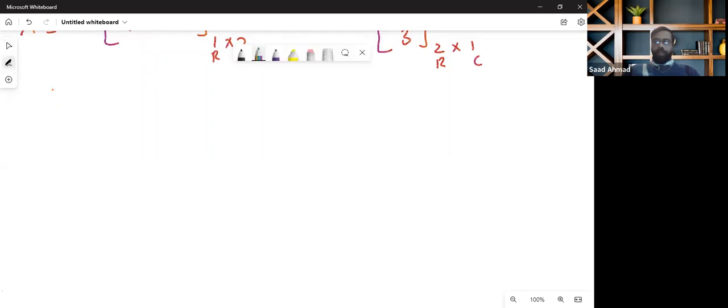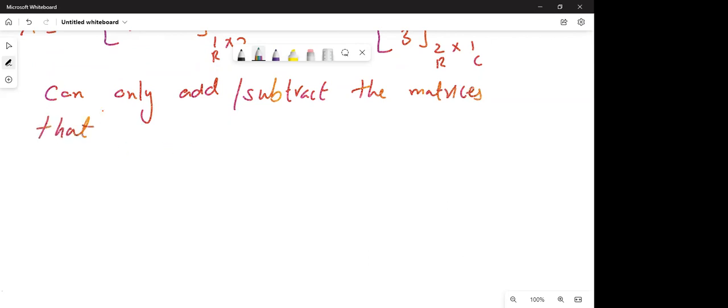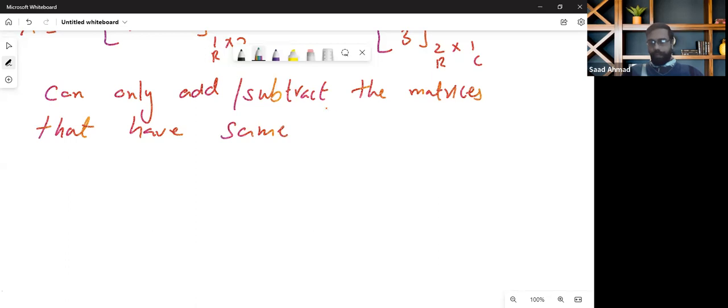You can only add or subtract the matrices that have the same dimension, or also the order.